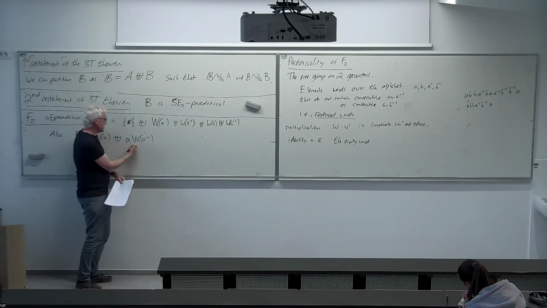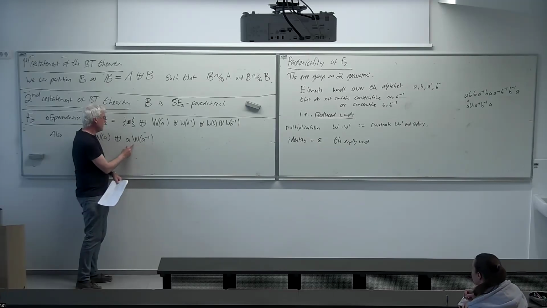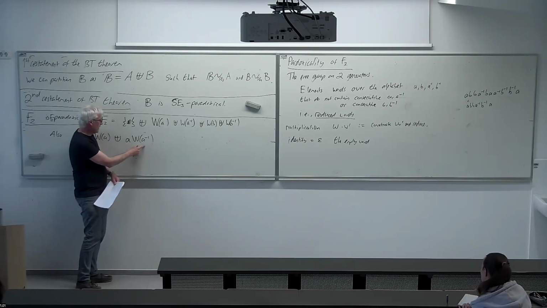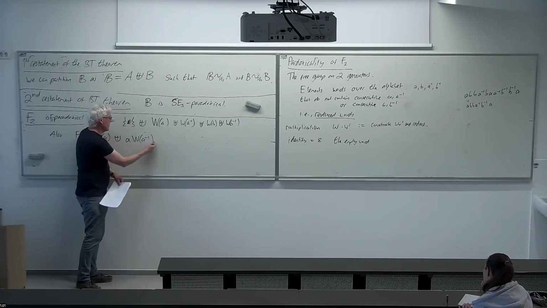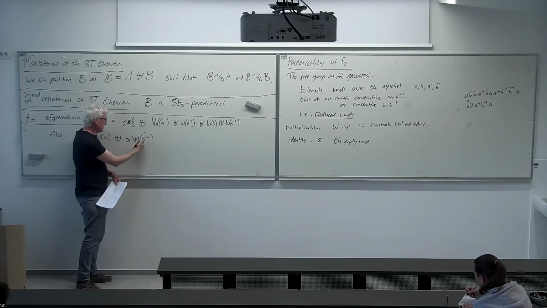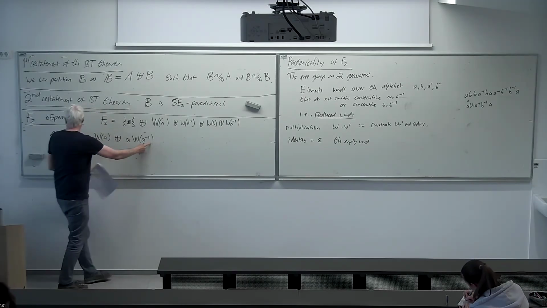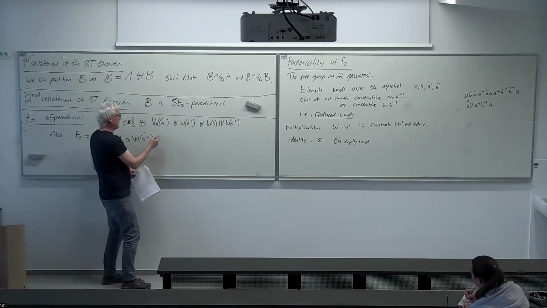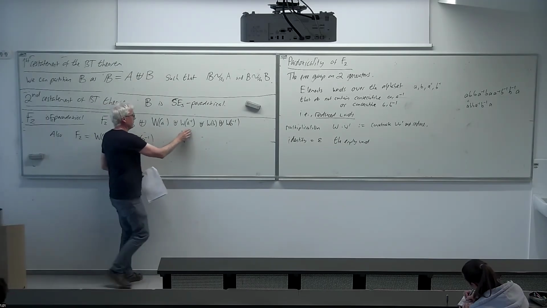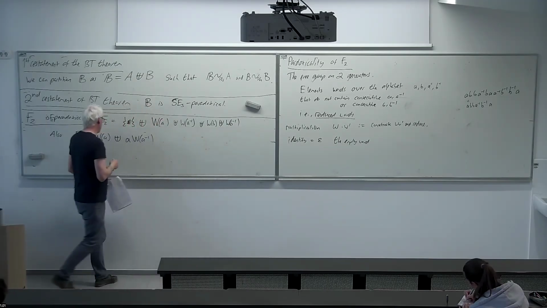Because for this set of words, every word will start with a to the -1. That will cancel with the a, and then you'll have just the remainder of this word, everything apart from the starting letter. The remainder of that word can't begin with an a because we're looking at reduced words here, so we don't have an a to the -1 and an a next to each other. The remainder could either be empty, in which case forget this, or it could start with any symbol other than a. So we get the union of all other options from that.